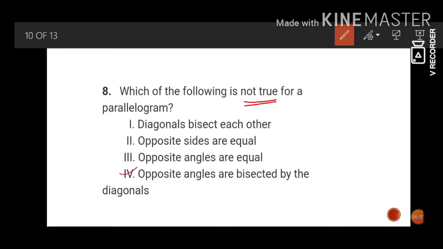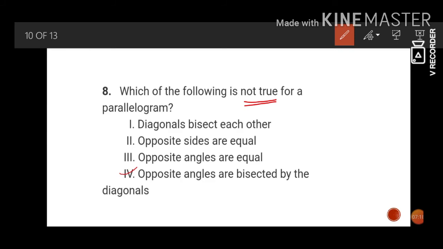Opposite sides are equal. That is 3 subpart 1. That is also true. Opposite angles are equal. That also comes from summary point number 3 subpart 2. Opposite angles are bisected by the diagonals. So this option, that is option 4, is not true.